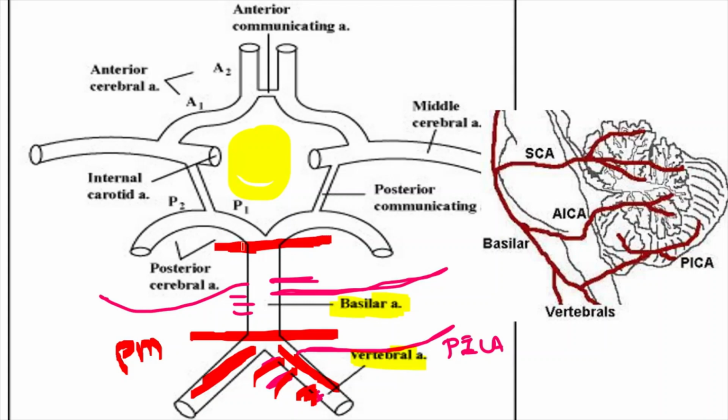This anatomical landmark is very important because in clinical diagnosis we can locate which vessel is involved. The end branch is the basilar, and the PICA, which is the important branch of the vertebral artery. PICA is nothing but the posterior inferior cerebellar artery.